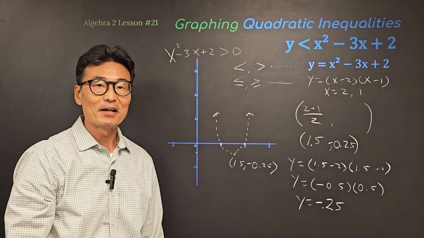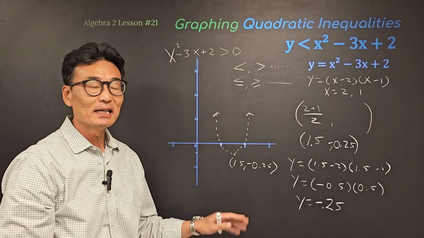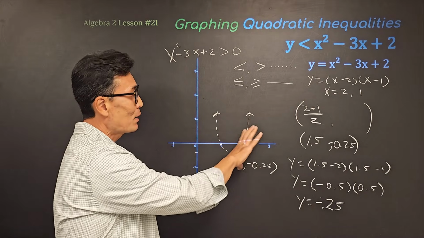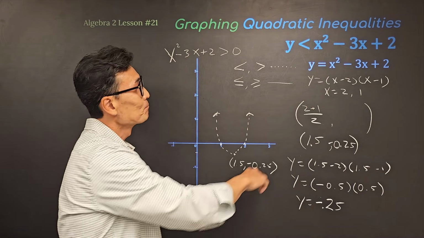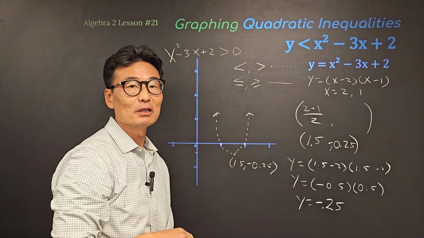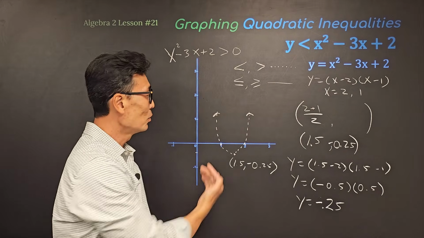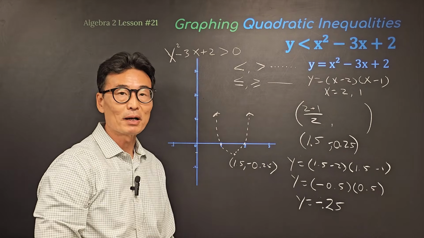Like this. Finally, we need to shade either above the graph, meaning inside the parabola, or outside or below the parabola. Since the inequality sign is less than, we're going to be shading below the parabola, or outside the parabola.